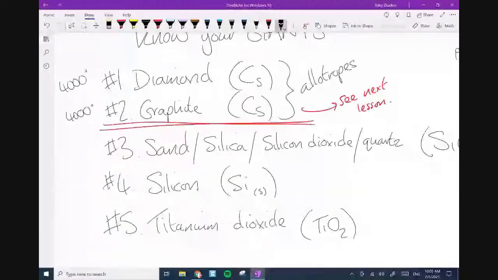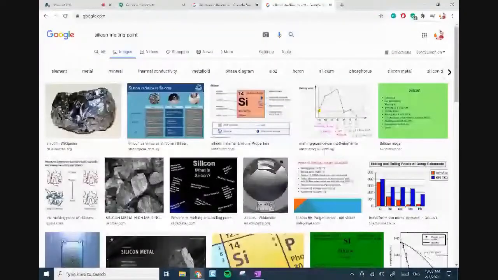Sand, 1,600 degrees. Silicon, melting point 1,400 degrees.